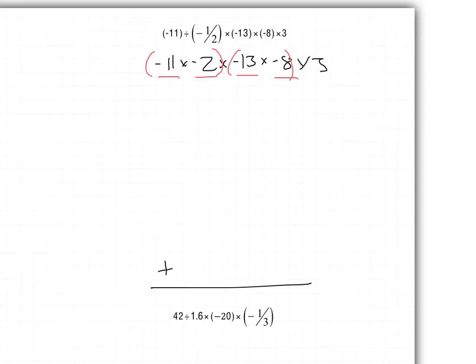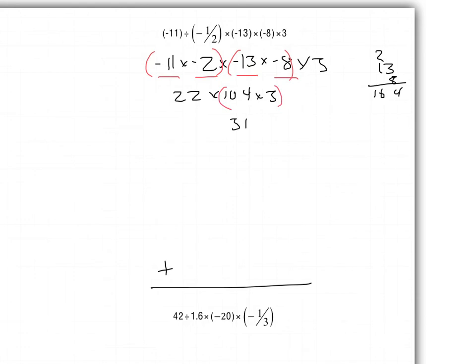So I'm going to go with 22. This is 13 times 8, which is 4, carry the 2, 104. Then I'm going to go ahead and multiply these two together, because I can do that one in my head quickly.